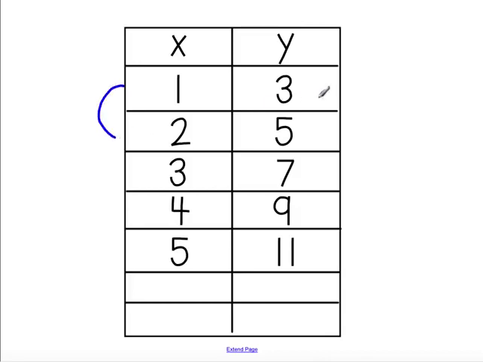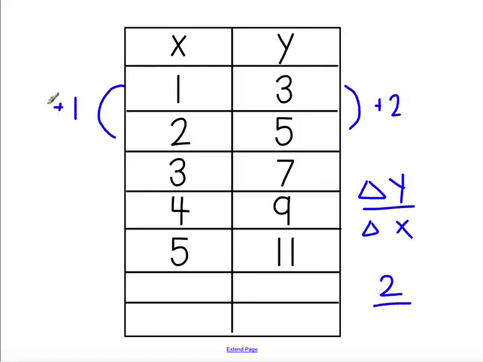So I'm just going to go 1 to 2 and 3 to 5. So going from 1 to 2, I'm adding 1, and going from 3 to 5, I'm adding 2. Change in y over change in x. We have our change in y, which is 2, over our change in x, which is 1. So our slope is 2.